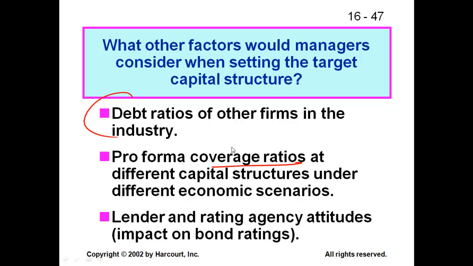Coverage ratios are the interest coverage ratio or times interest earned ratio. This is your profits, or let's say EBIT, divided by your interest. Do you want these ratios to be high or low? You are safer if interest is low and EBIT is high. So in general, you are better off if these ratios are high.